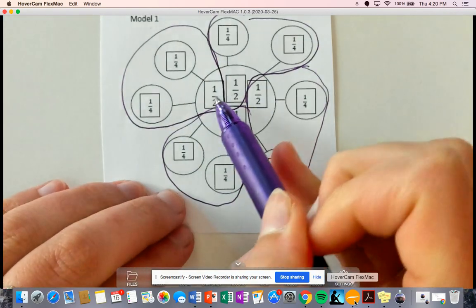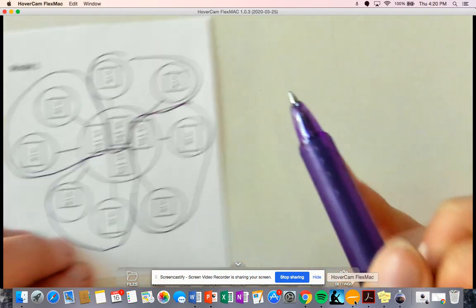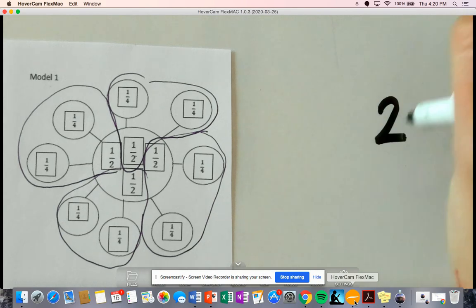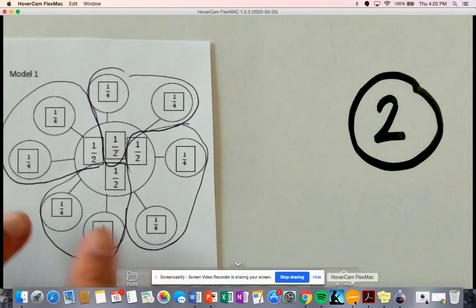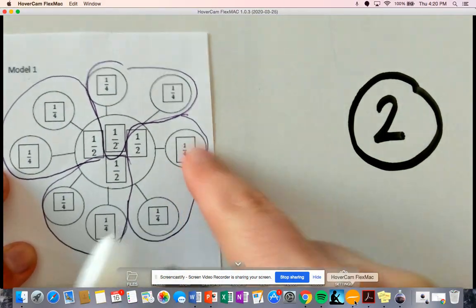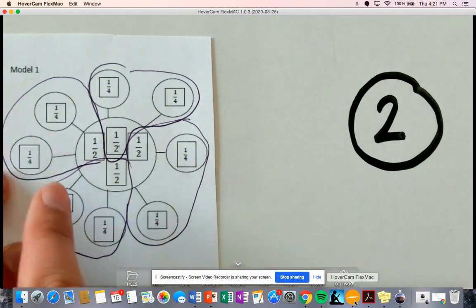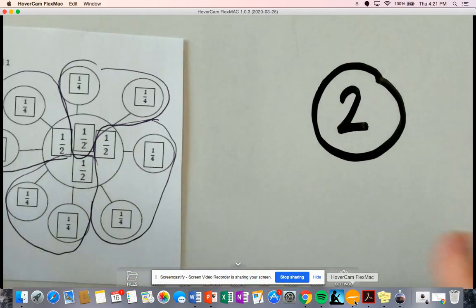And I know that 1/2, 2 halves, 3 halves, 4 halves is the same as 2 wholes, so that would be just like if I had 2 wholes. And then I know that I need to count up to 2 wholes for fourths. So 1/4, 2/4, 3/4, 4/4, 5/4, 6/4, 7/4, 8/4, because 8/4 also equals 2 wholes.